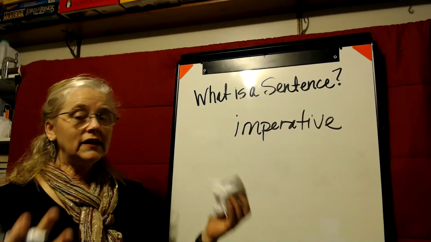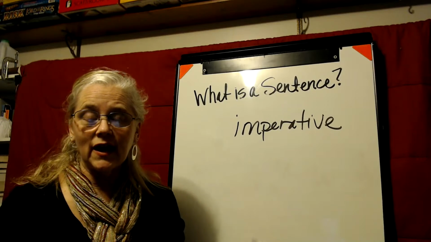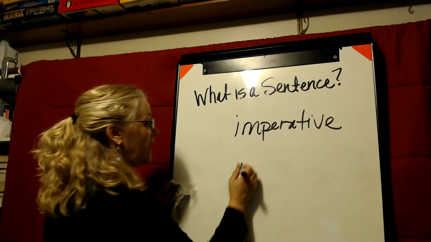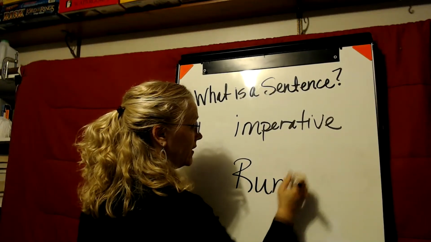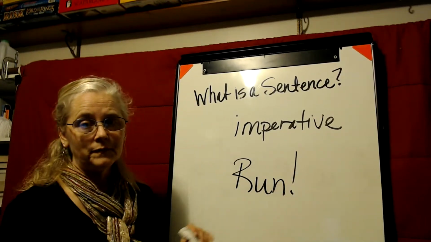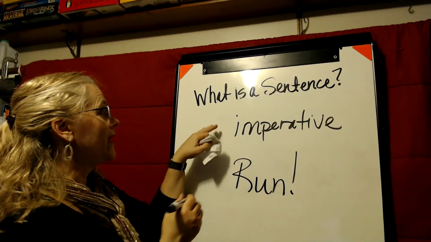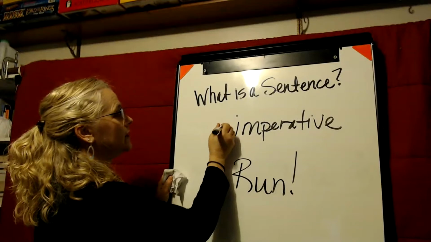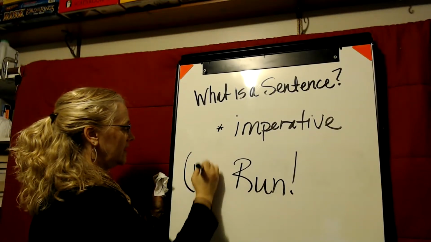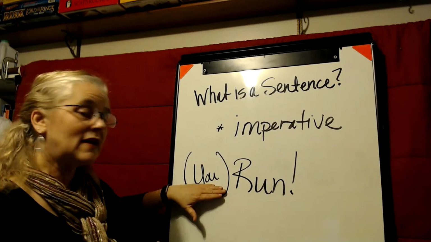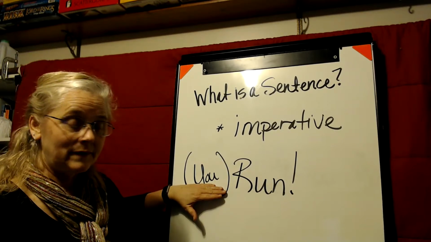So a little kid is standing in the middle of the street and a car is coming along and I want this kid to move quickly. I will yell, run. That's a one-word sentence, because when you have an imperative sentence, it's understood that the subject is you.